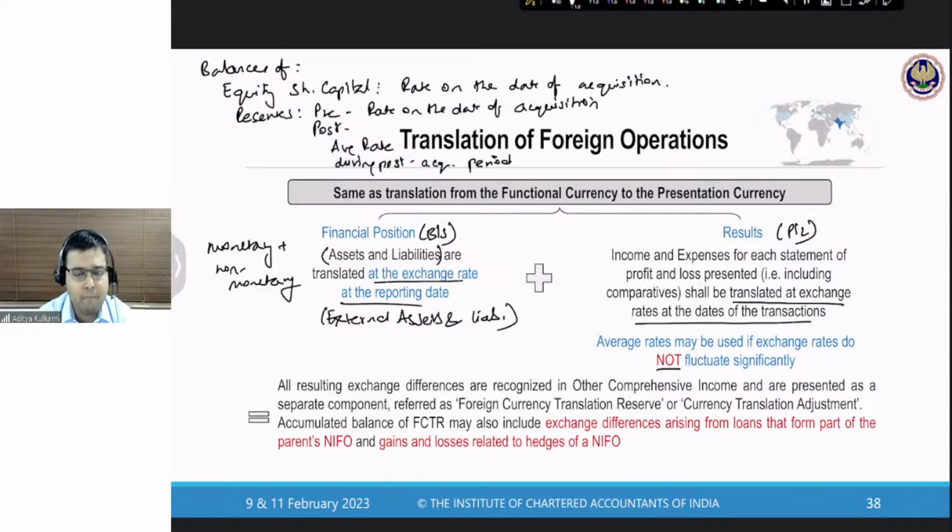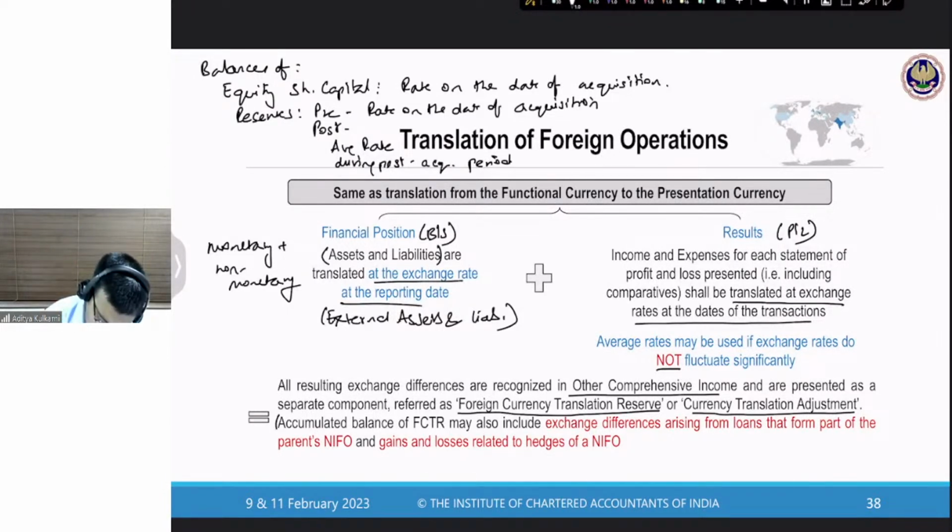Do I take it to the P&L? No, you do not take it to the P&L. You will take it in other comprehensive income. And in other comprehensive income, we recognize it as an FCTR, a foreign currency translation reserve, or we call it a currency translation adjustment.